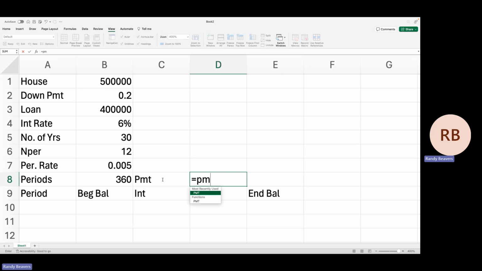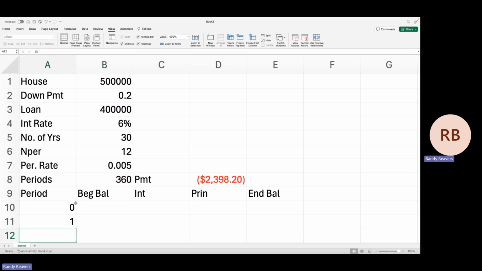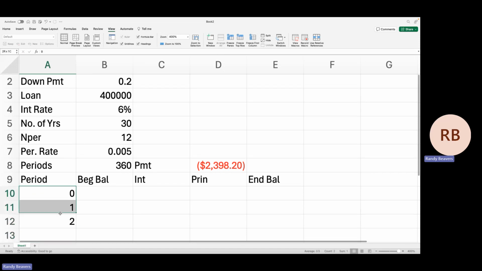So we're going to use the payment function. So we'll put in our rate, number of periods, the present value of the loan, and that's all we need. All right, so this is going to go for 360 periods.